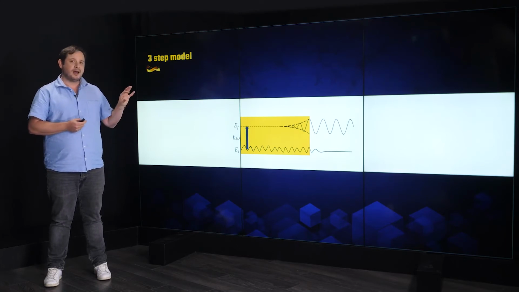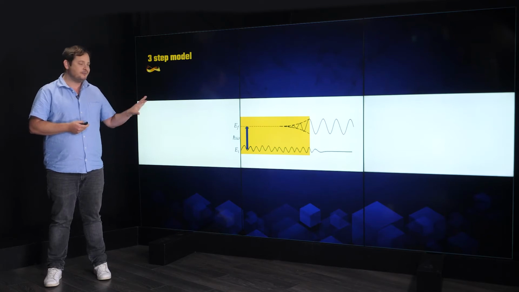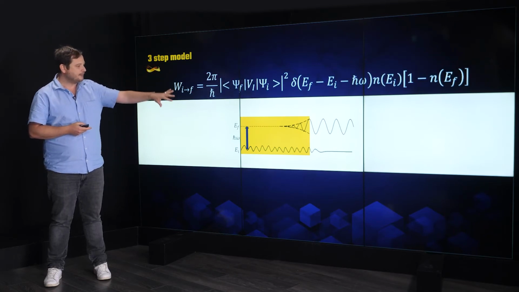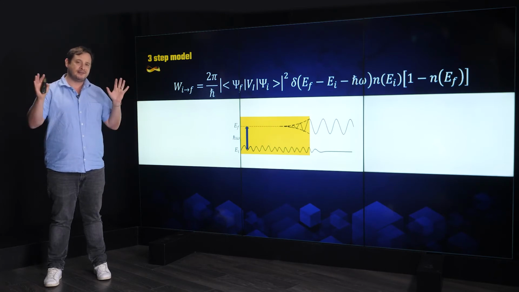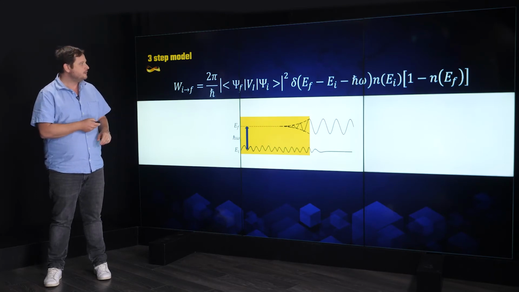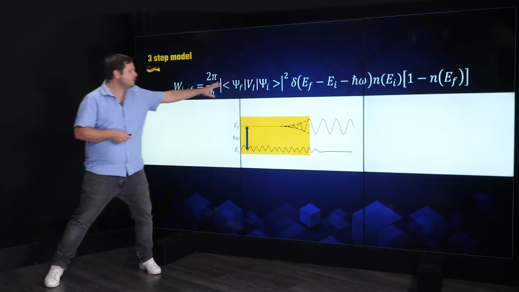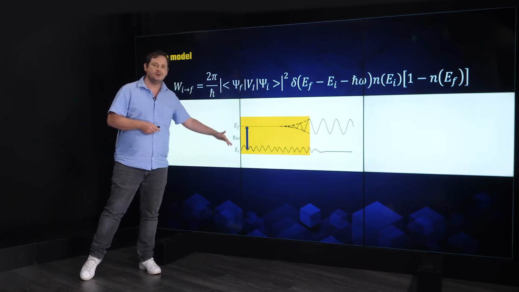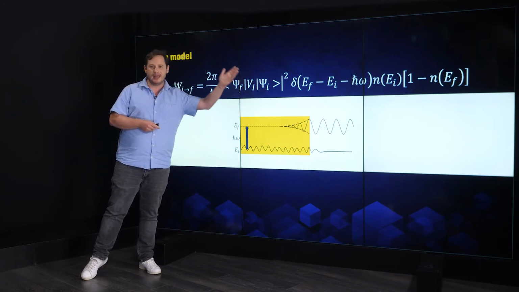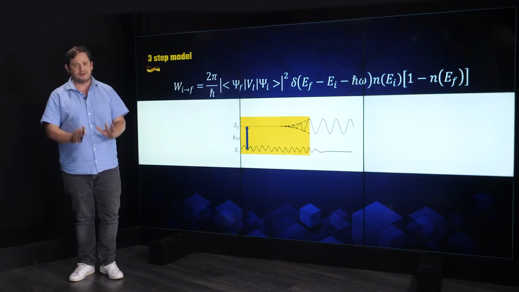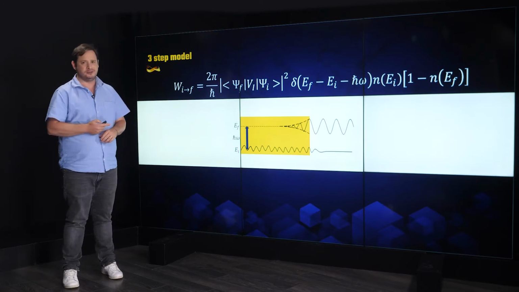In principle, quantum mechanically, what we have to do is to describe all these processes together as a single stationary process. So these initial and final states that we have here actually include the excitation, the travel to the surface, the escape from the surface, and travel in vacuum, which is a very complex calculation to do.